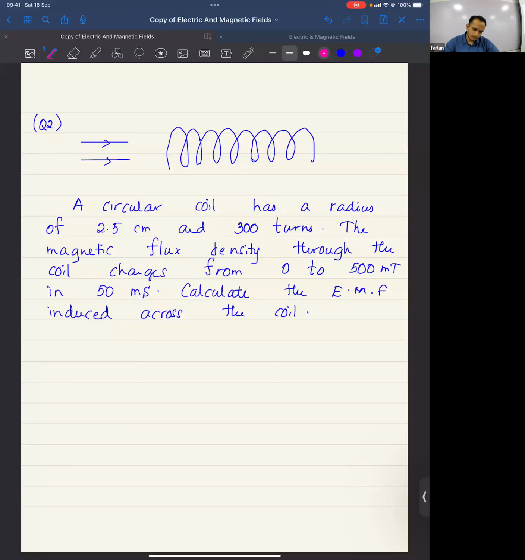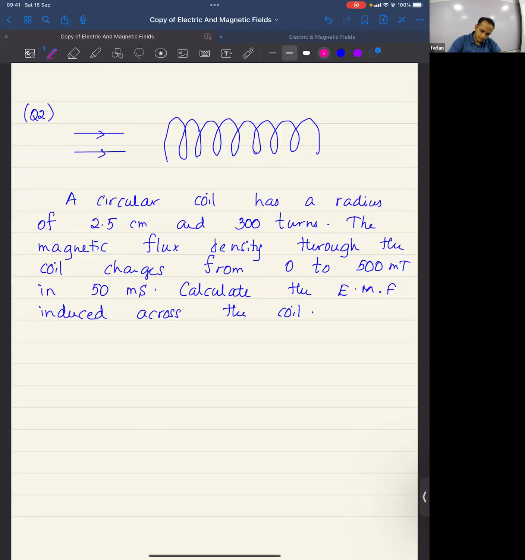So guys, first you can find the cross-sectional area of the coil by using pi r squared, which is pi into the radius, 2.5 centimeters, which is 0.025, squared. Pi into 0.025 squared will be 1.96 into 10 to the power minus 3 square meters. That is the cross-sectional area.